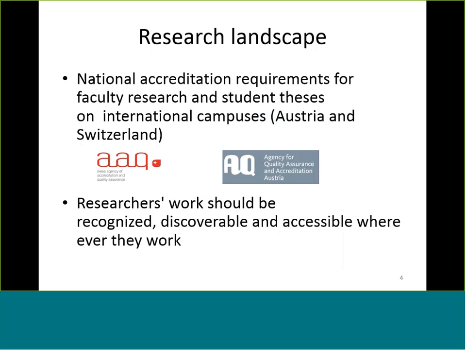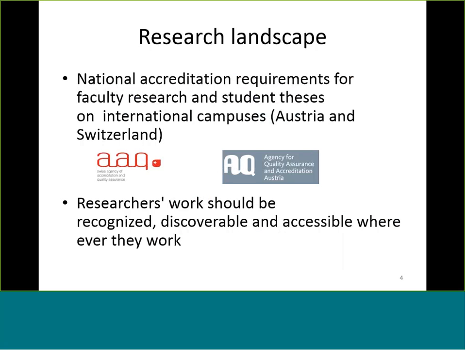At Webster University, research requirements differ. National requirements for accreditation at some international campuses require academic research from faculty that is published and also retrievable. It may also be required that students write a thesis paper.